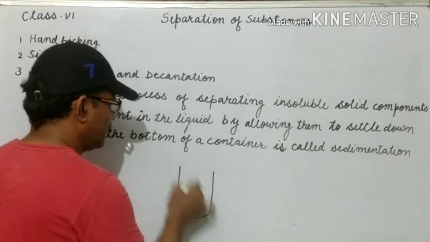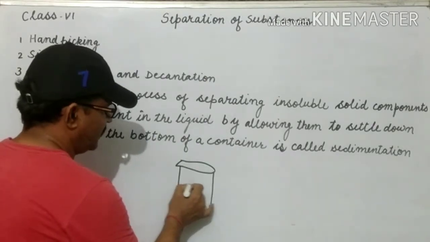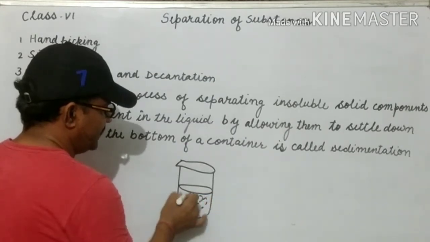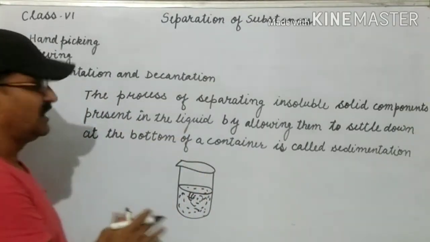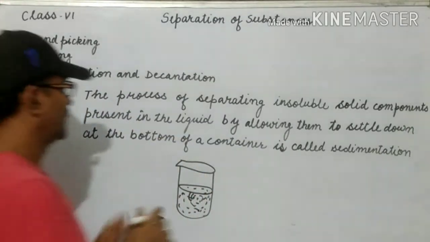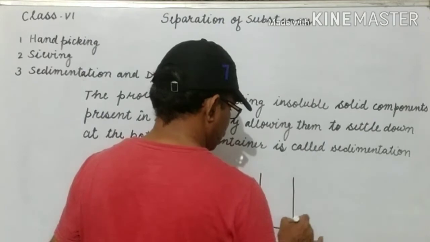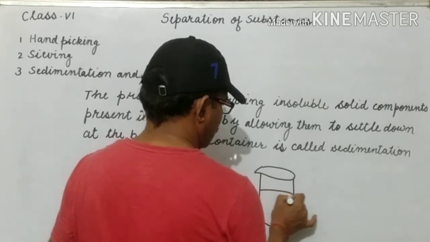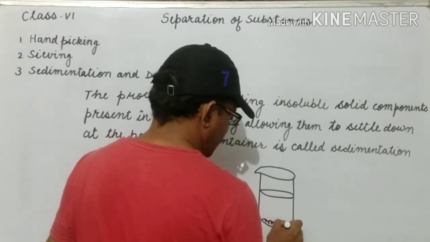For example, you take a beaker, you take some water and put some soil inside it, mix it and leave this container undisturbed for some time. After some time you will see that the soil settles at the bottom of the container.